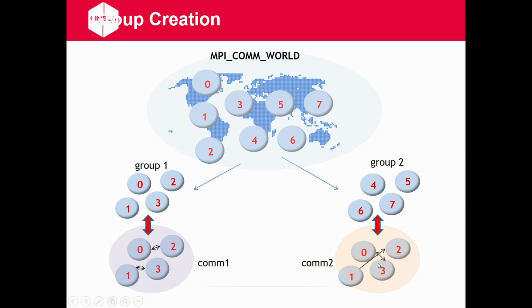But this is in general, if you use an automatic distribution. If you want, you can also change the order. The only important thing is that inside the communicator, the process ranks start with 0 and end with the number of processes in the group minus 1.